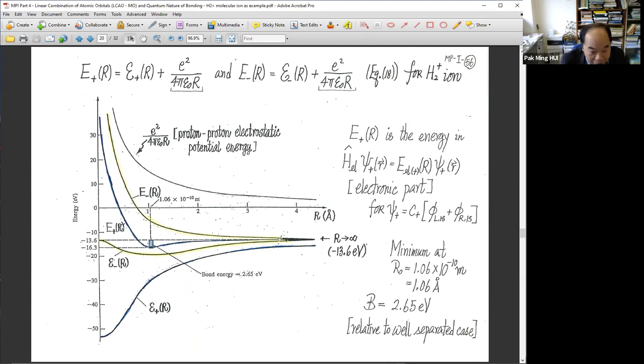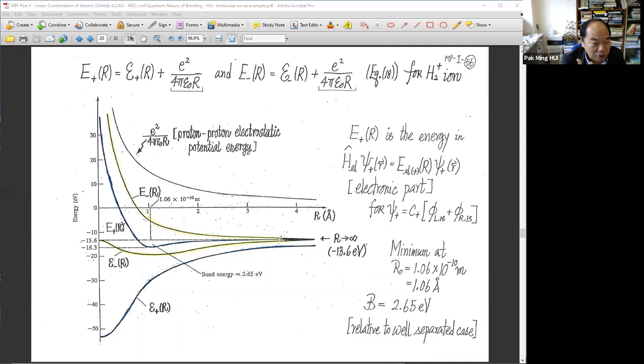The other one, only the electron part is this yellow line, but we have to add back this nuclear repulsion, and the end result is this yellowish E minus of R. We see that for this particular case, I must emphasize this, for this example of H2 plus ion, this curve does not have a minimum.